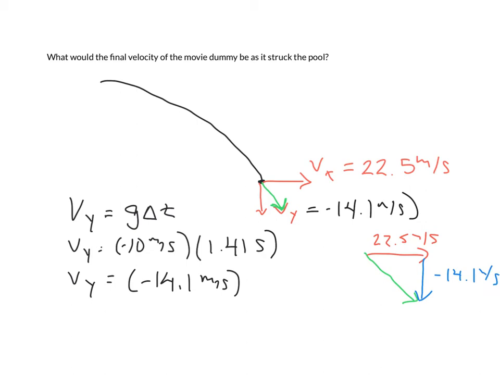So if I wanted to find out what is the value of my overall velocity, I'll just call it v final, is this green arrow, you can see that this forms a right triangle. So I had to find each component of the final velocity in order to find out what is the overall final velocity. So I'm going to erase some things out of the way here.